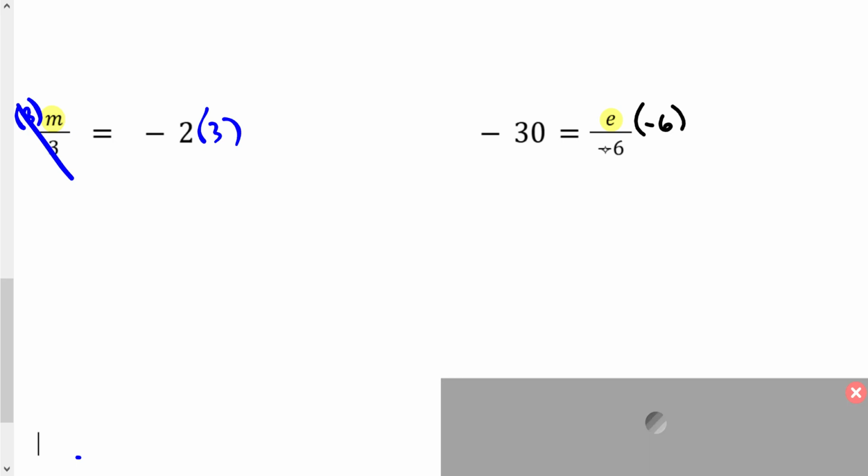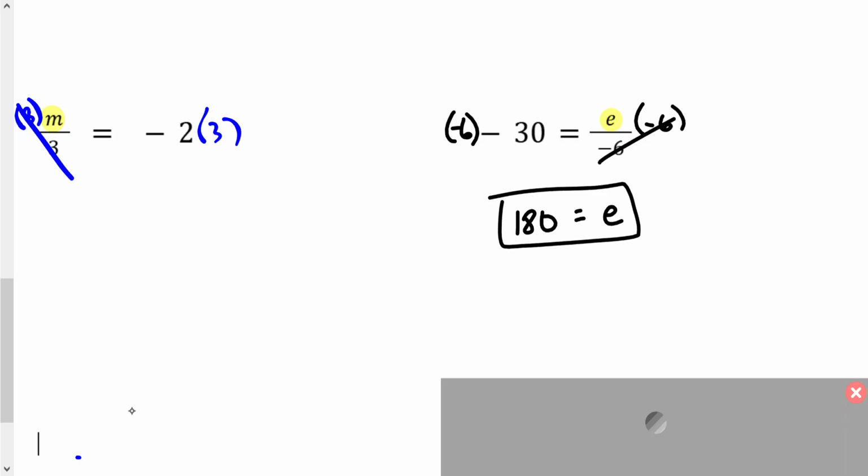Take whatever's here dividing on the bottom, put it in parentheses right there, cancels and the e drops down. And then do the same right over here to this one. -6 times -30 is 180. And so as a result, we know that this equals 180.